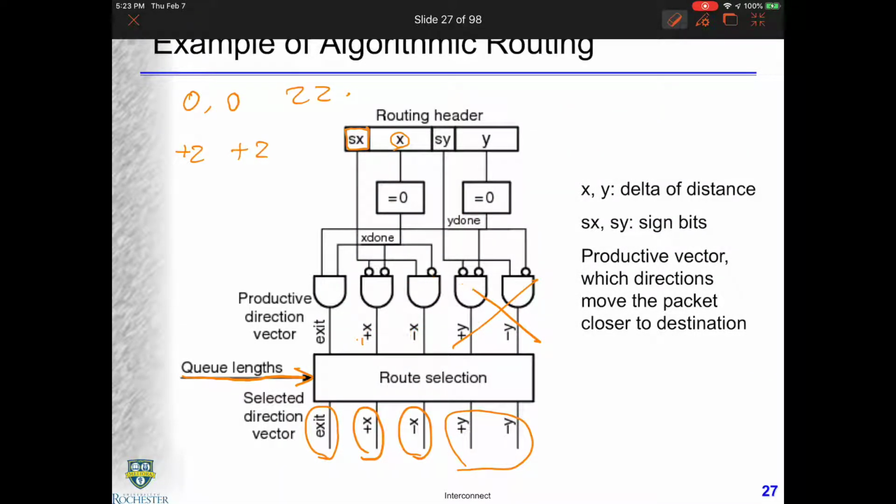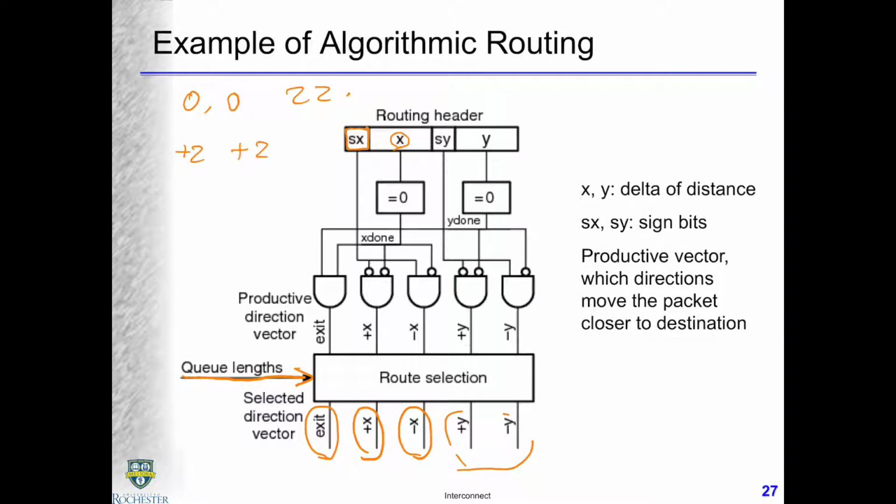If not, if I'm not 0, this is not true, then what happens is I may choose, so this bit here is 0, so both these inputs to the AND gate are 1. Let's pretend we're dealing with x not being 0, then it's just based on sign. If sign is 0, that's positive, then I want to go in the positive x direction because that is 1.